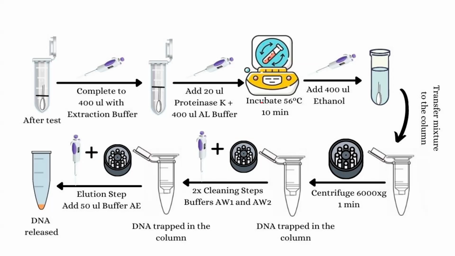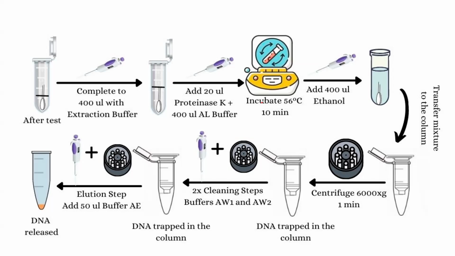The one I mentioned from the previous slide is 65 degrees centigrade. So it can be 65, it can be more than 65, it can also be less than that, depending on the type of tissue you are using to isolate your DNA. Then you add ethanol, which will precipitate it. After precipitating, you centrifuge at 6,000 times g.